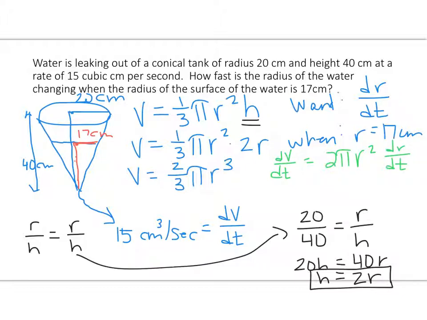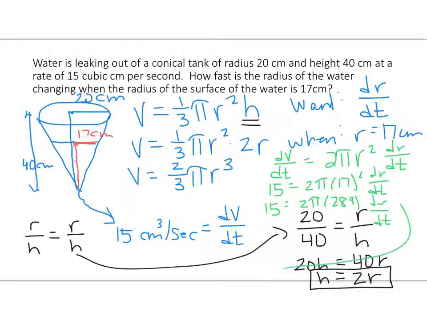And then I can plug in and solve for my dr/dt. So dV/dt we said is 15, equals 2 times pi times 17 squared dr/dt. So I have 15 equals 2 pi times 289 dr/dt. And then I just have to divide.